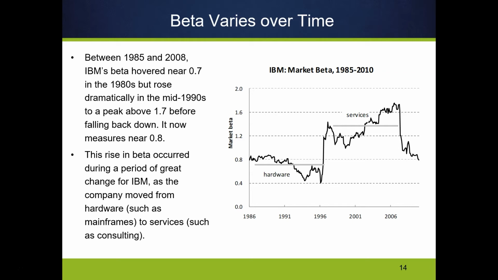But then when they shift to being primarily a service-based company, we see a big shift in their beta, up to about an average of 1.5. Now what happens here? Well, it's that a service company is the opposite. A company that is primarily selling a service is expected to be impacted by economic cycles and by economic risk factors.